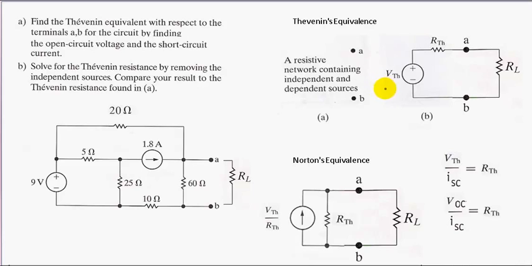Usually you would find a complex circuit attached to some load, and you want to replace this complex circuit by a simpler circuit that looks like this.